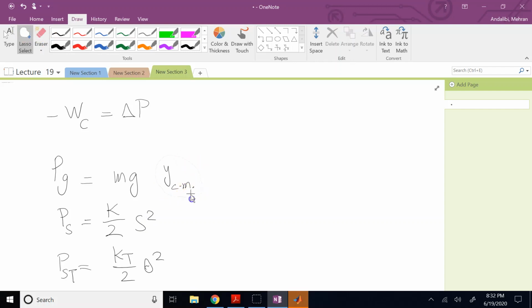So this is the potential energy defined for rigid bodies, and this is for a linear spring that we had in the past. If a linear spring is attached to any rigid body, this is for gravity.